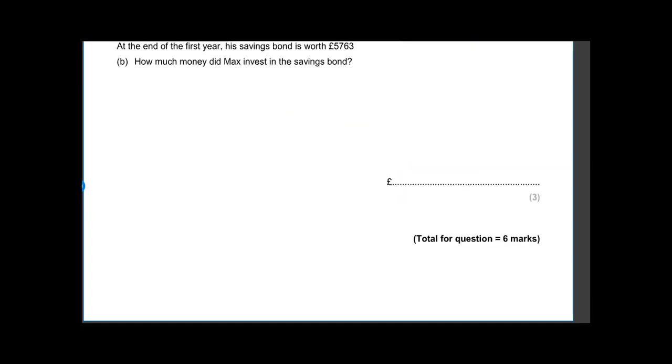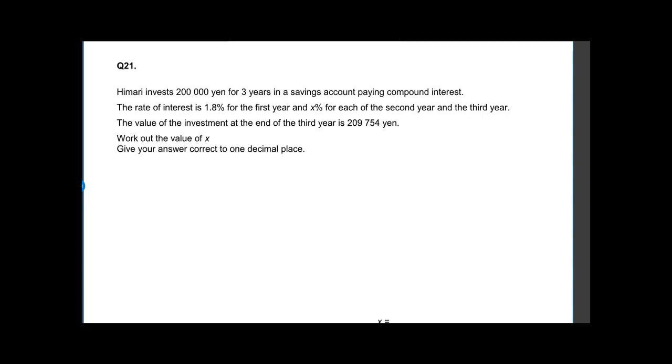Alright, so where do you want me to go now? No idea. Himari invests, so she's Japanese, 200,000 yen for 3 years. Compound interest. The rate of interest is 1.8 for the first year and X for the second and third. Okay, so not even looking at the question, let's do the first bit.